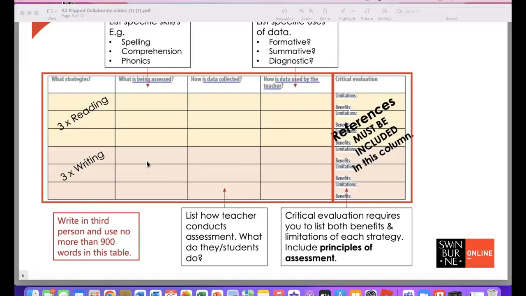What I deem the mechanics of writing, the actual being able to write structurally, grammatically, thinking about those orthographic skills.